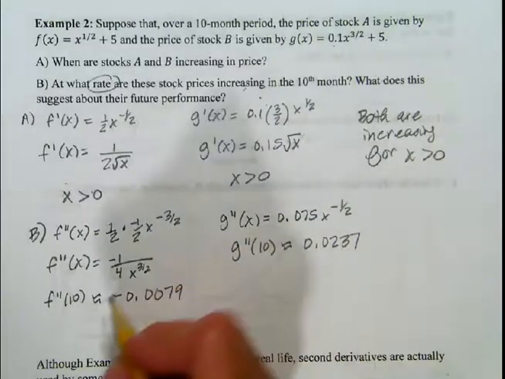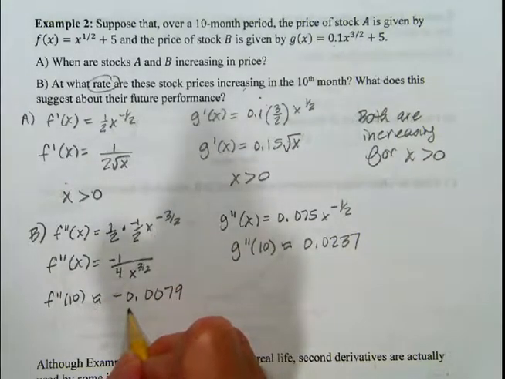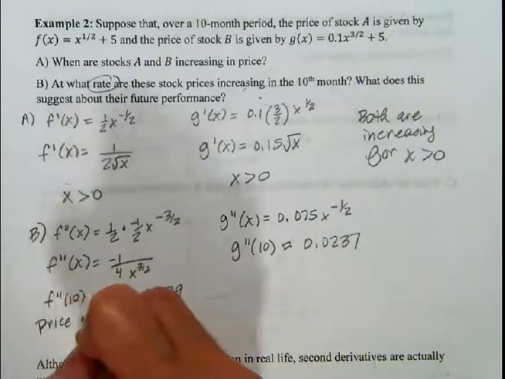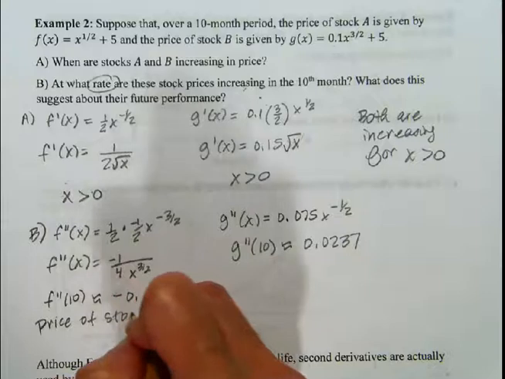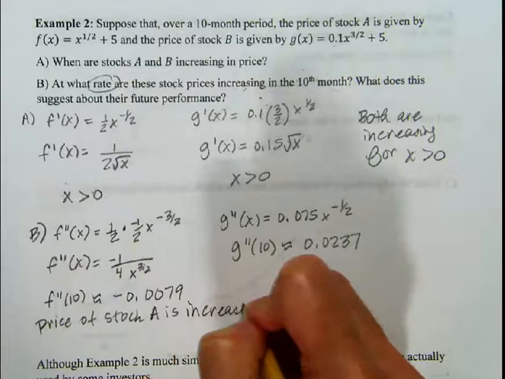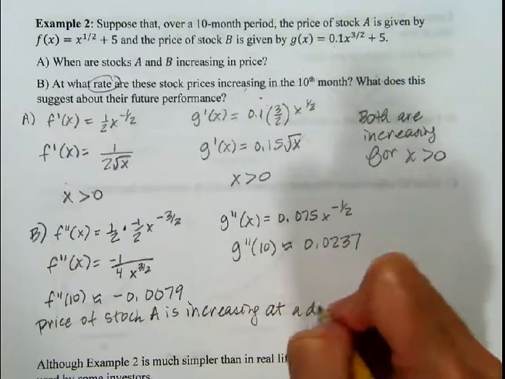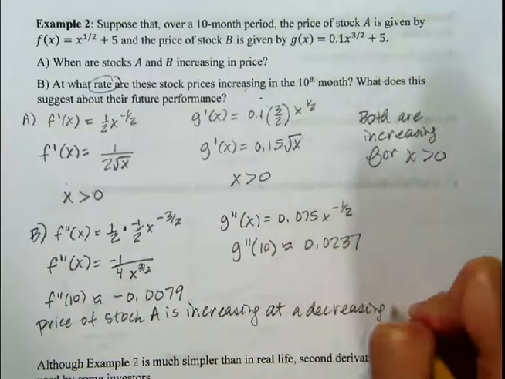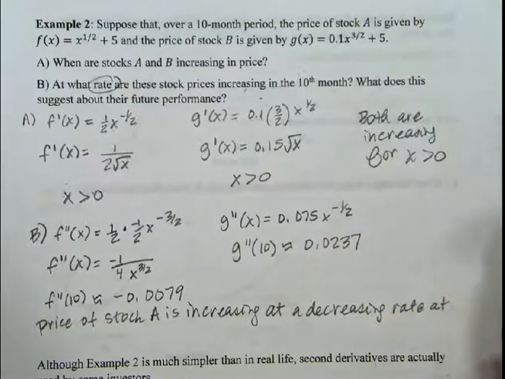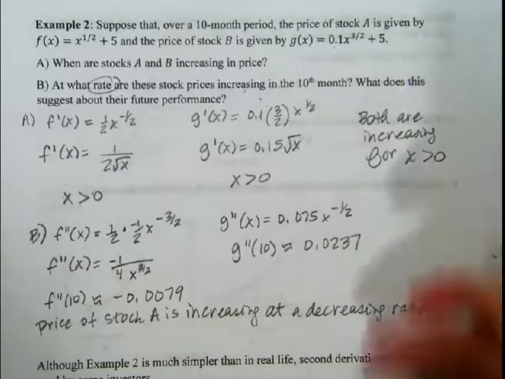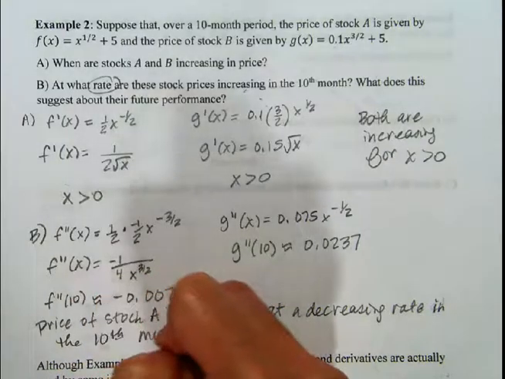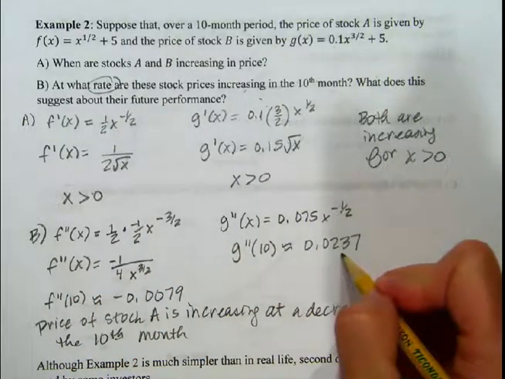So notice that this negative means it's increasing at a decreasing rate. So I'm going to write price of stock A is increasing at a decreasing rate in the 10th month. This one's a positive.